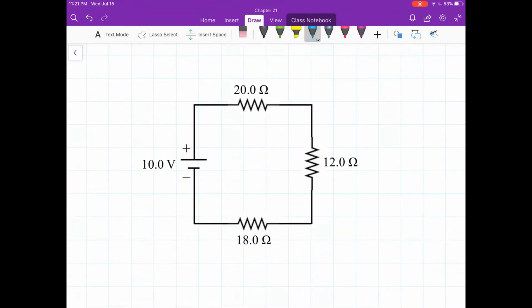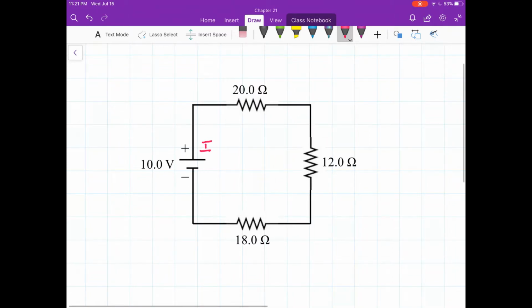We have a 10-volt supply. It could be a battery, it could be a DC supply. 3 resistors, the 20, the 12, the 18. The 3 resistors are in series. We consider the current from the high side of the supply.